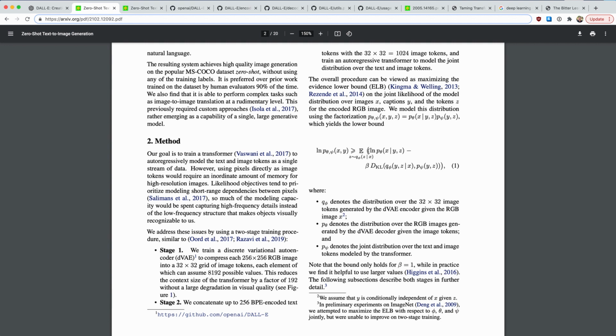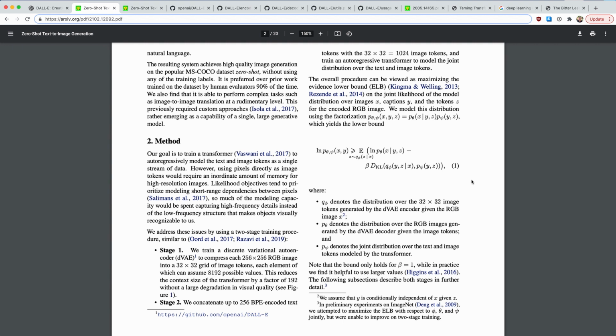One term where you're trying to reconstruct the input data, that is the images in this case, conditioned on the text and the latent codes, and then a second term which is some kind of prior term that tries to push the prior over the latent codes that is predicted by the DVAE to be closer to some other kind of prior, which in this case is the joint distribution among the tokens and the text, which is learned by the transformer. And this variational autoencoder ELBO framework is a way that you can mash together all kinds of different probabilistic distributions and get them to work together in a hopefully well-specified, mathematically well-grounded way.